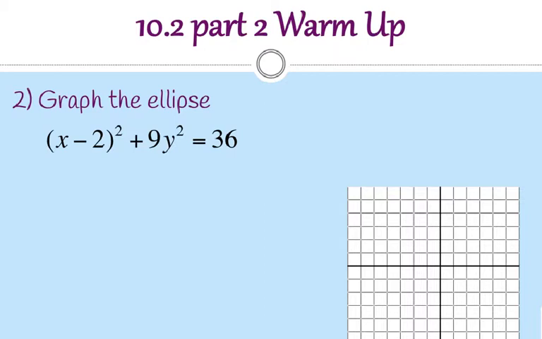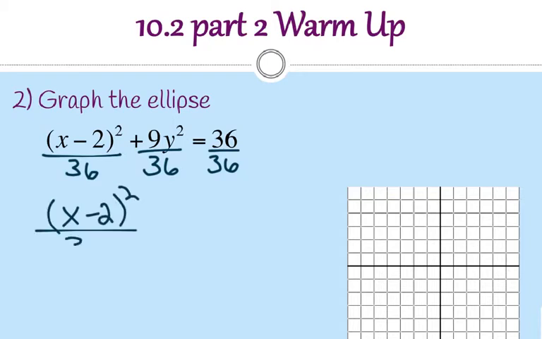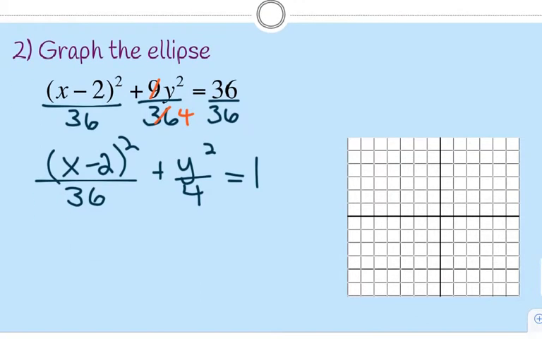Okay, here's 2. Graph the ellipse. This time it's not equal to 1, so I'm going to divide all of my terms by 36. So I'd get x minus 2 squared over 36. 9 would be 4, so plus y squared over 4 equals 1.